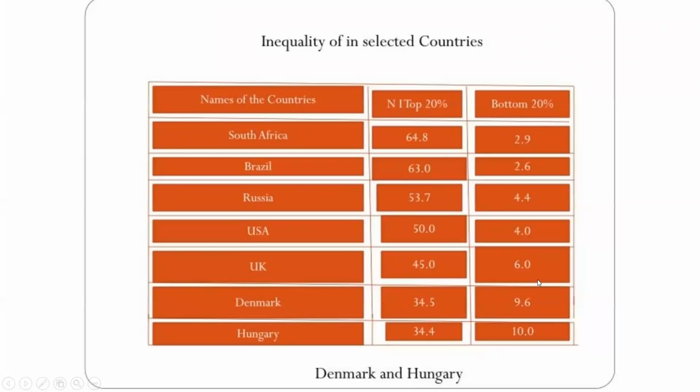And inequality in selected countries. Here you can compare different parts of the world according to the development in their own countries.